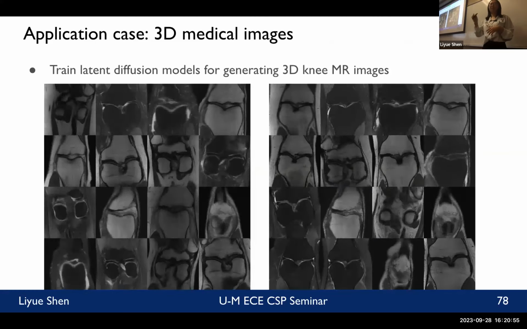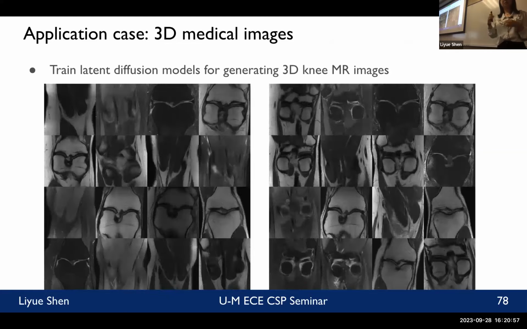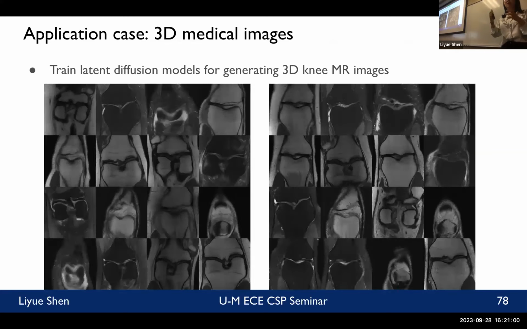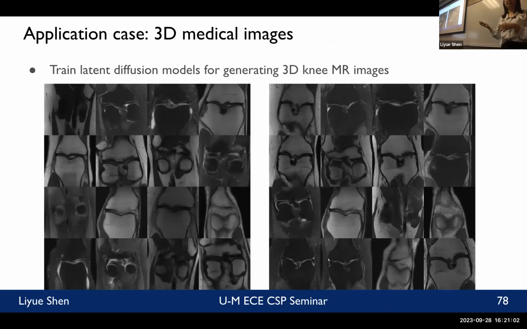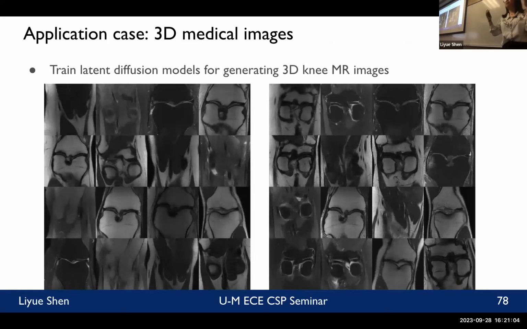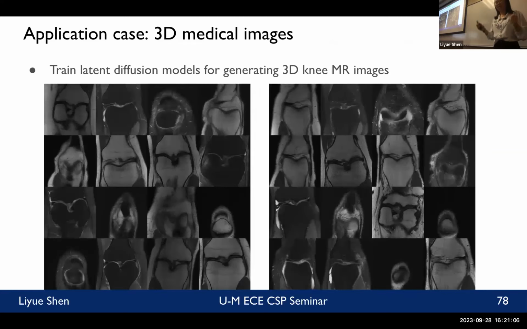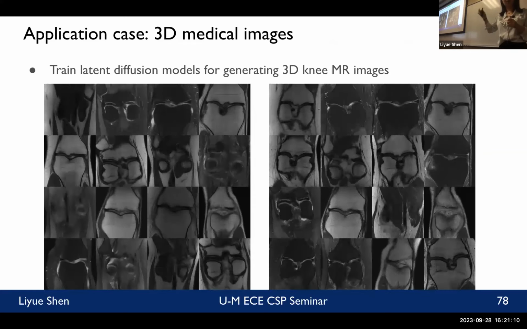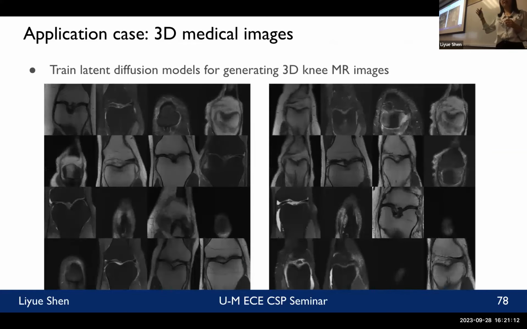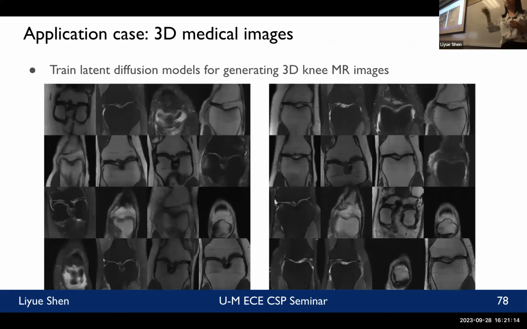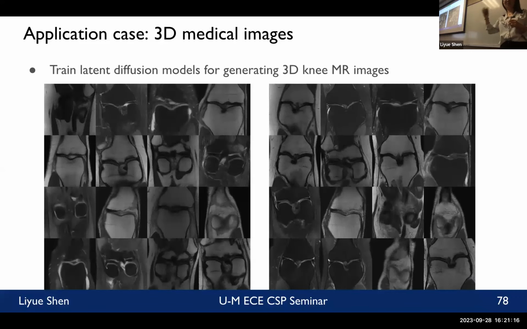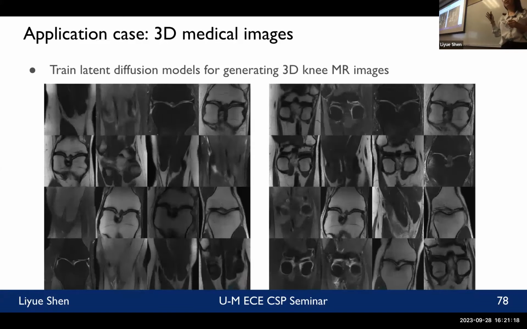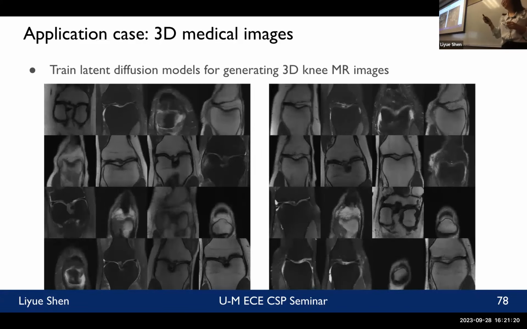So for example, in this application case, we first trained the latent diffusion model to generate 3D knee MRI images. So this is really 3D medical imaging, not 2D images, not only 2.5D images. And here we show the cross-sectional slices generated using the latent diffusion model. Can you distinguish which one is generated and which one is the real data?